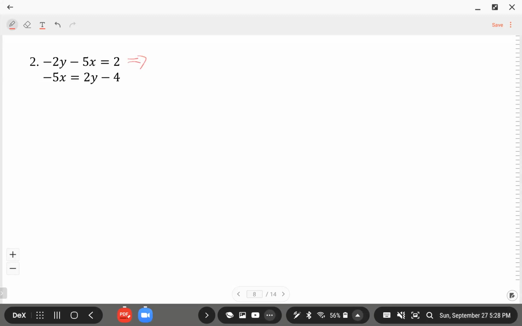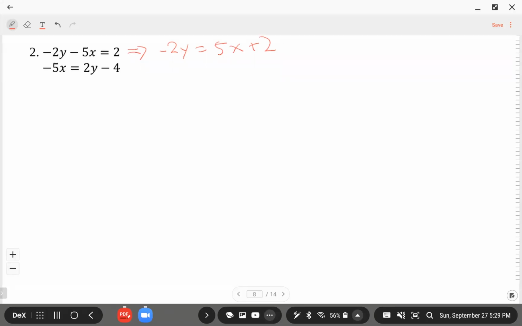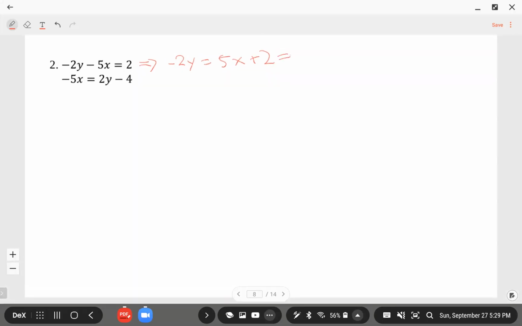So this top line, let's convert that first. Move negative 5x to the other side, isolate y. Negative 2y equals 5x plus 2. And then we have to simplify even further to slope-intercept form.